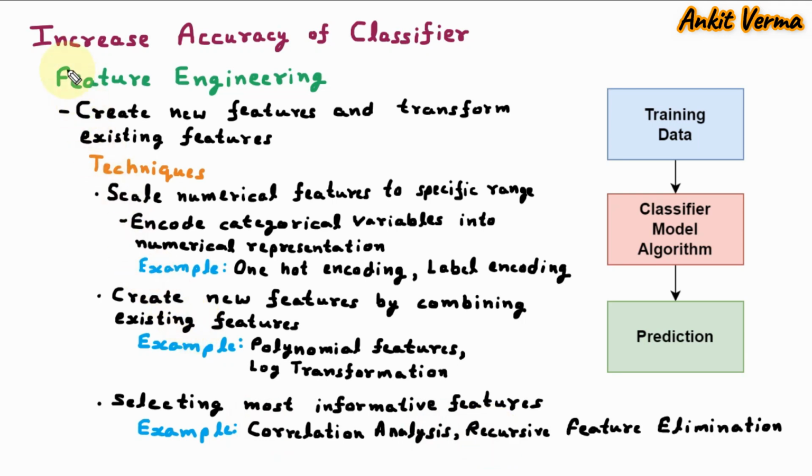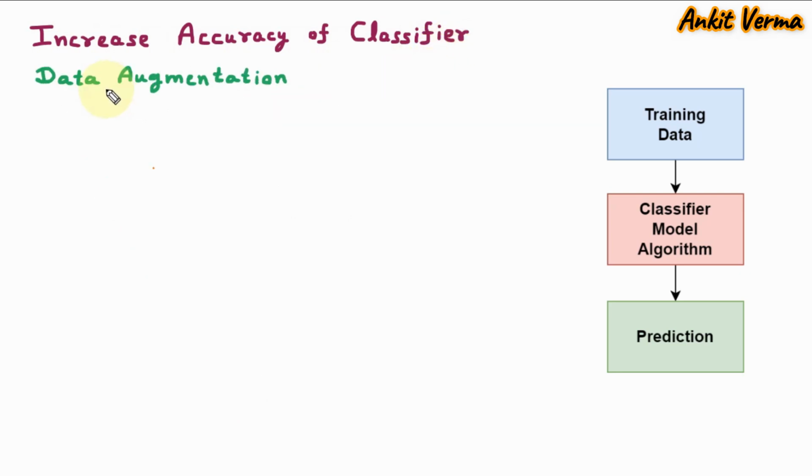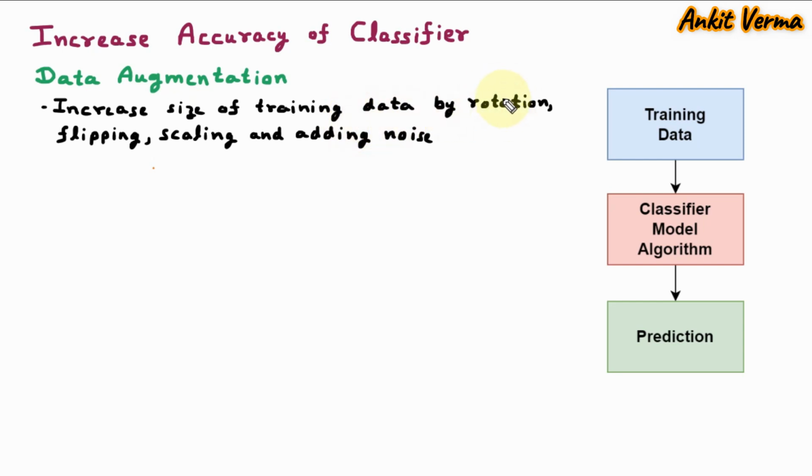Now the next technique to increase accuracy of classifier is data augmentation. Data augmentation increases size of training data by applying rotation, flipping, scaling and adding noise. Here the data is rotated, flipped, scaled and noise is added so that we can increase its size.